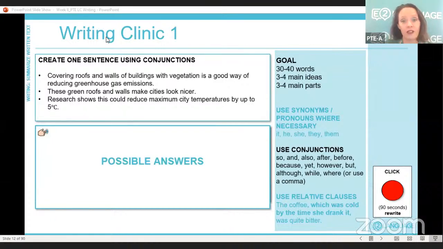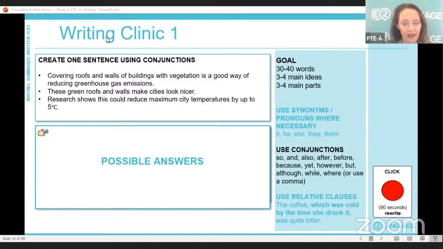And in addition, research shows this could reduce maximum city temperature by up to 5 degrees. Excellent, Raj. So that's perfect. So Raj has said, and then as I said, he's carefully written and in addition, comma, and then put the rest. Excellent, perfect, very good.